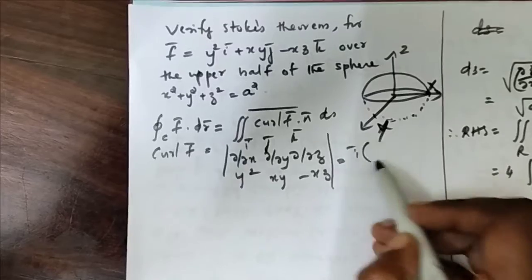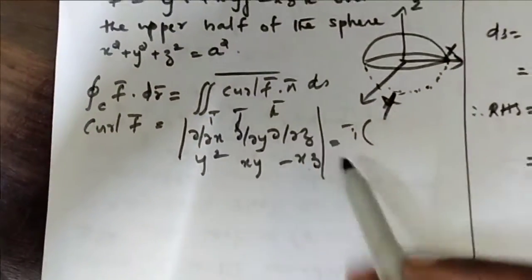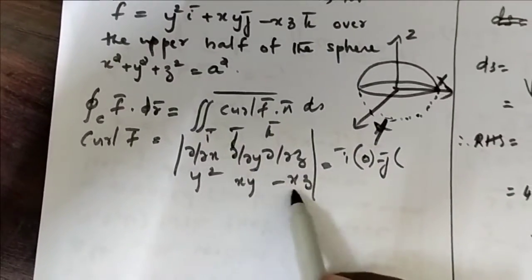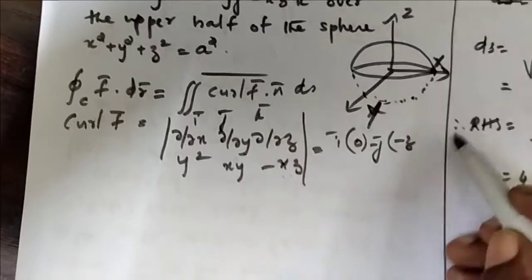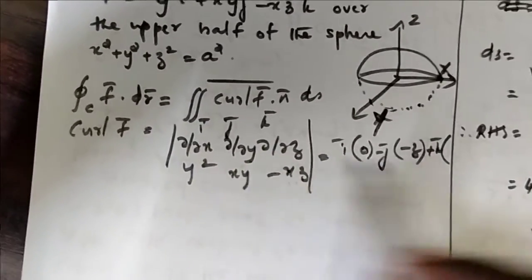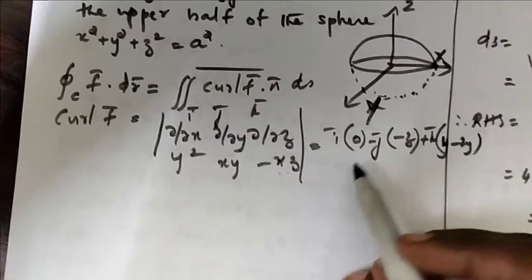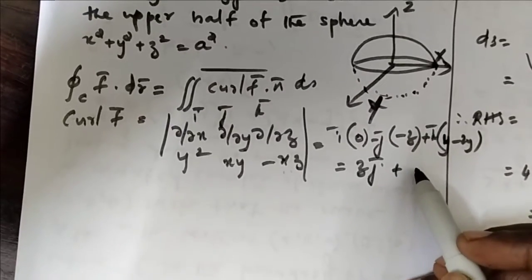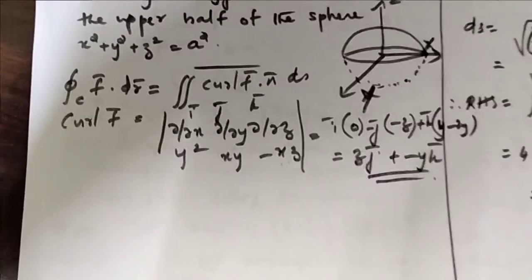So it is i into dou by dou y of this one, 0, dou by dou z of this one, 0, minus j into minus z minus 0, so plus k into y minus 2y. So it is zj plus y minus 2y, minus yk. So zj minus yk. Okay.